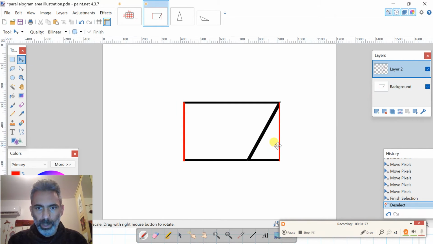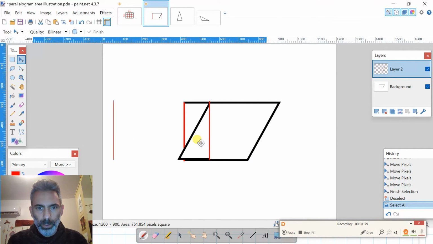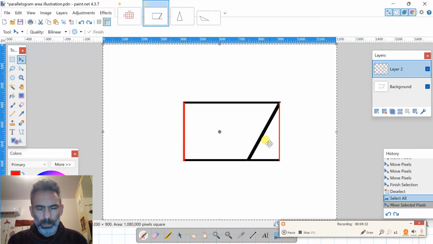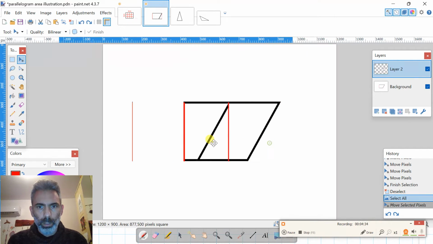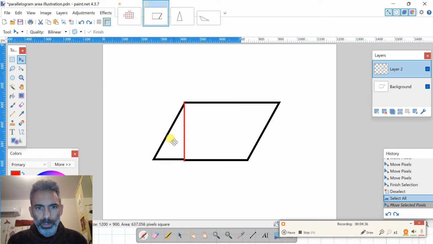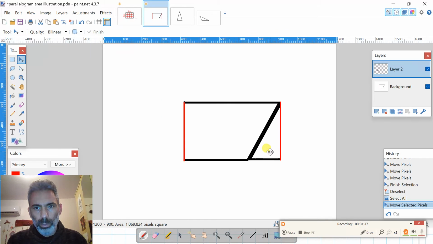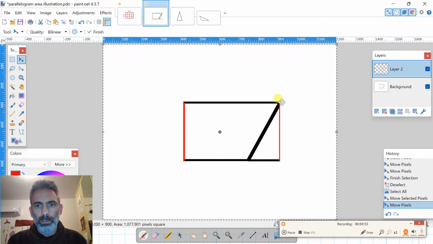Okay, so if I take the triangle back to the left side, you see that the base is this segment here, and I multiply it by the height, which is the red line here. So I get the total area of the parallelogram.